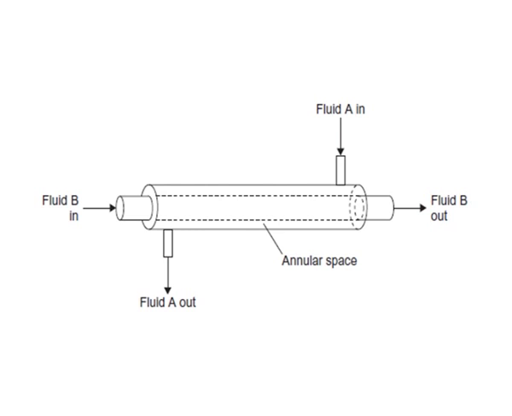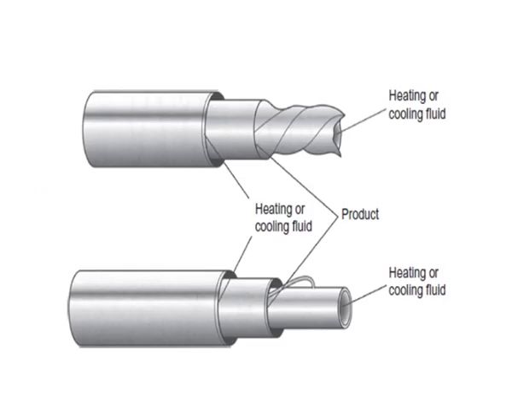The streams may flow in the same direction, that is parallel flow, or in the opposite direction, that is counter flow. The figure is a schematic diagram of a counter flow double pipe heat exchanger. A slight variation of a double pipe heat exchanger is a triple tube heat exchanger as shown in the figure.